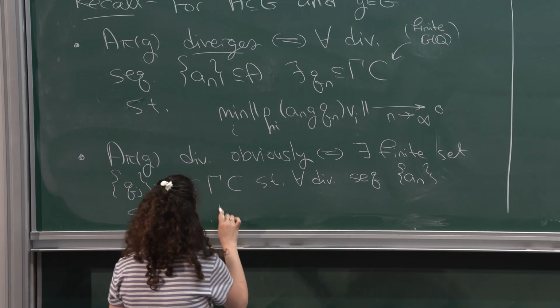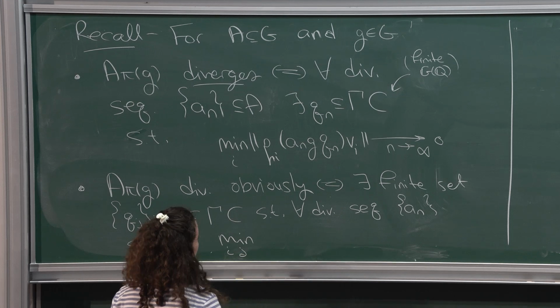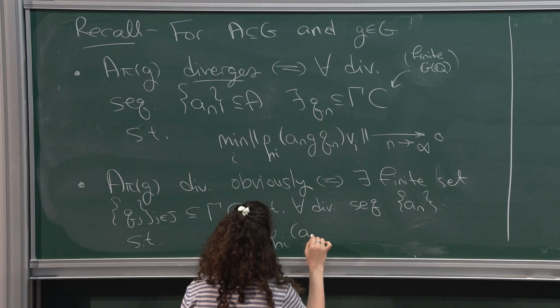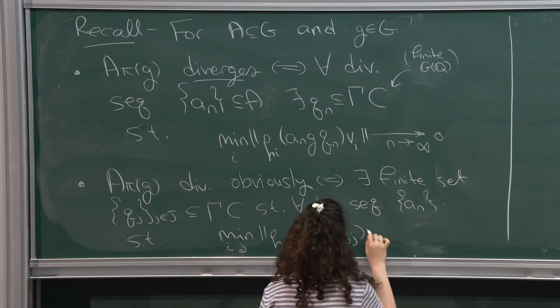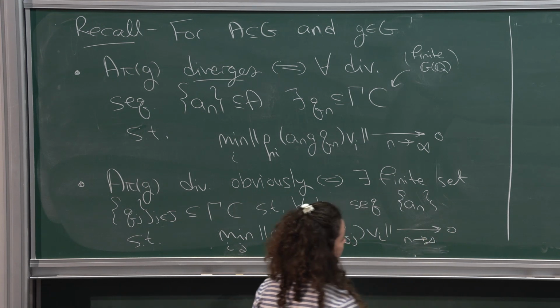So it's going to be very similar to that, but we have i and j now: rho_i(a_n g q_j) v_i goes to 0.